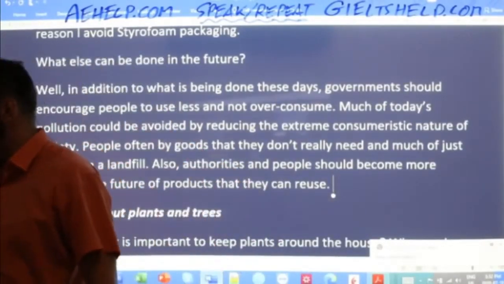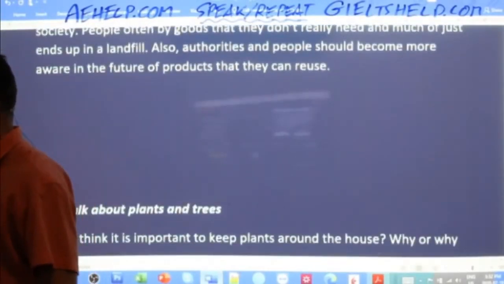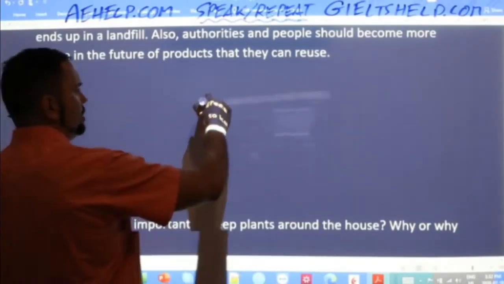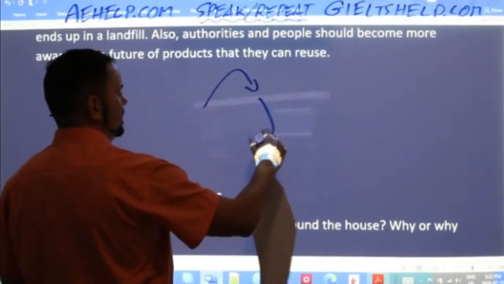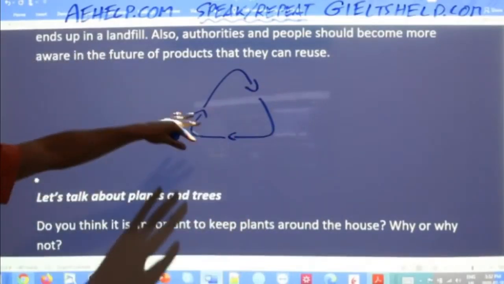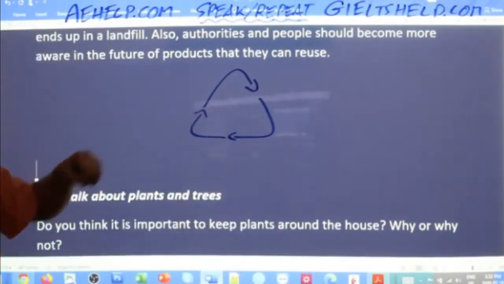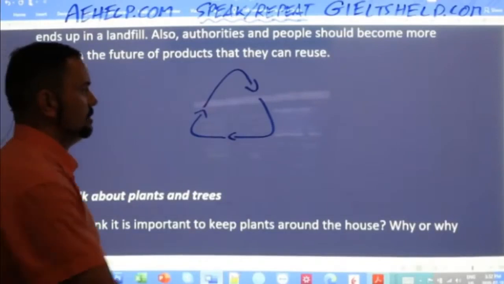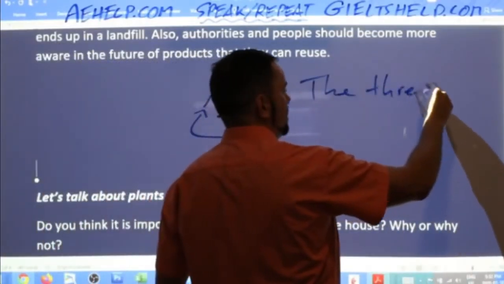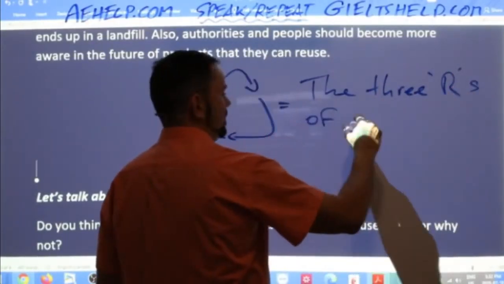Now, I'll let you in on a little secret. Some of you may know this, some of you may not, but I guess that most of you are familiar with the 3 arrows of recycling. It's kind of a universal symbol for recycling. Is everybody aware of that? These 3 arrows actually have a meaning. It's called the 3 R's of recycling.